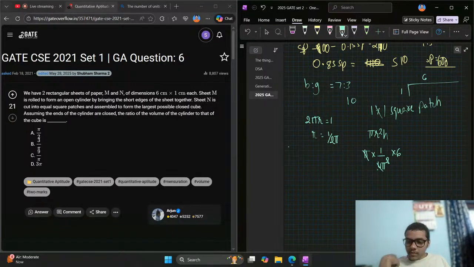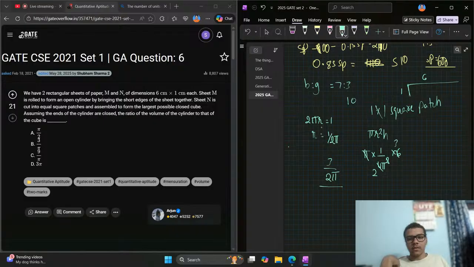So this is how much? 2 2s are 2, 3s are 3 by 2 pi. No, we messed up something. The circumference. This length becomes the circumference. So 2 pi r is 1. So radius is 1 by 2 pi.